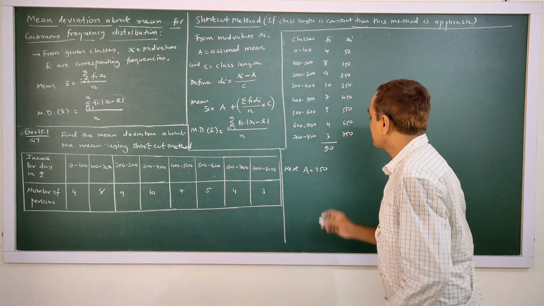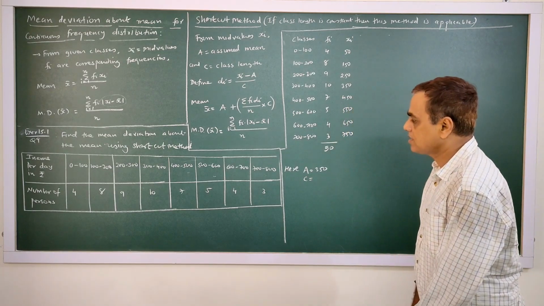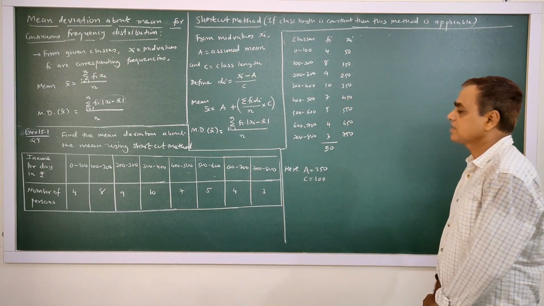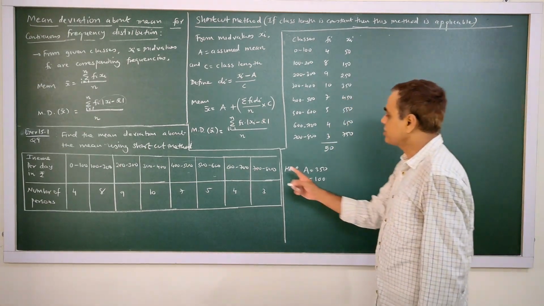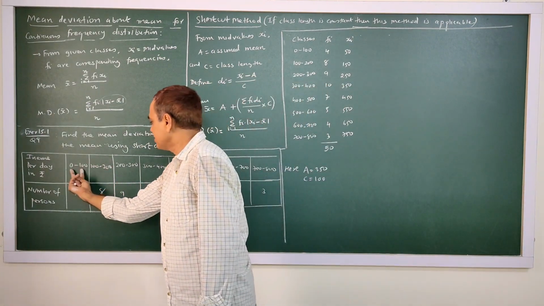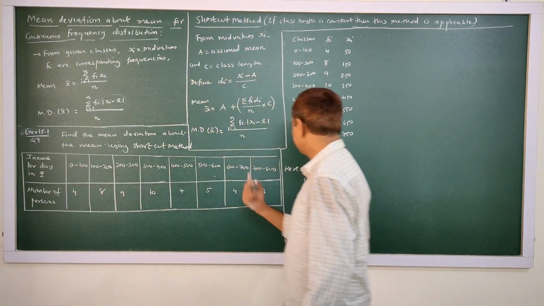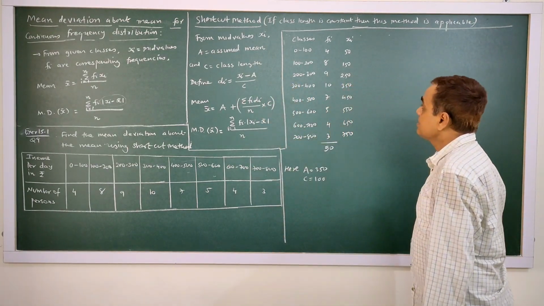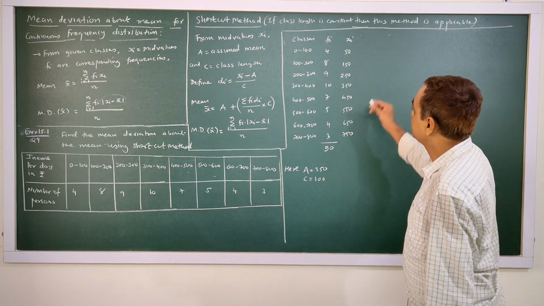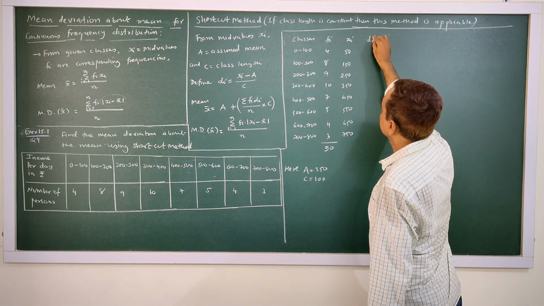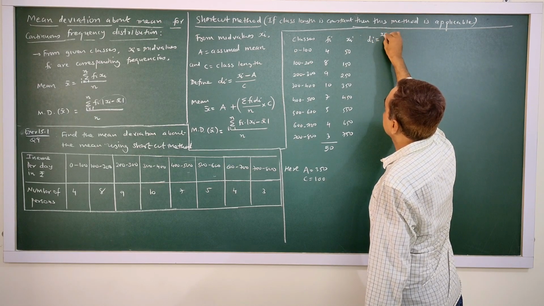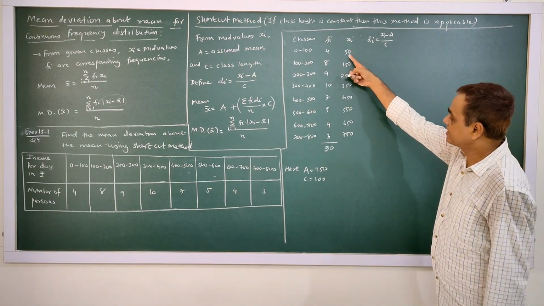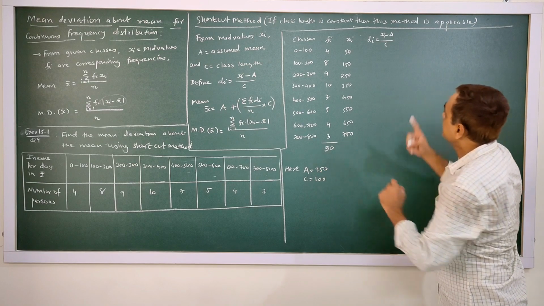A is 350. Class length: you can see that here class length is 100. Constant, the difference between these two numbers is 100. So class length is constant. Now next we prepare the column di. Di is equal to xi minus a upon c. From xi we subtract a, divided by c.